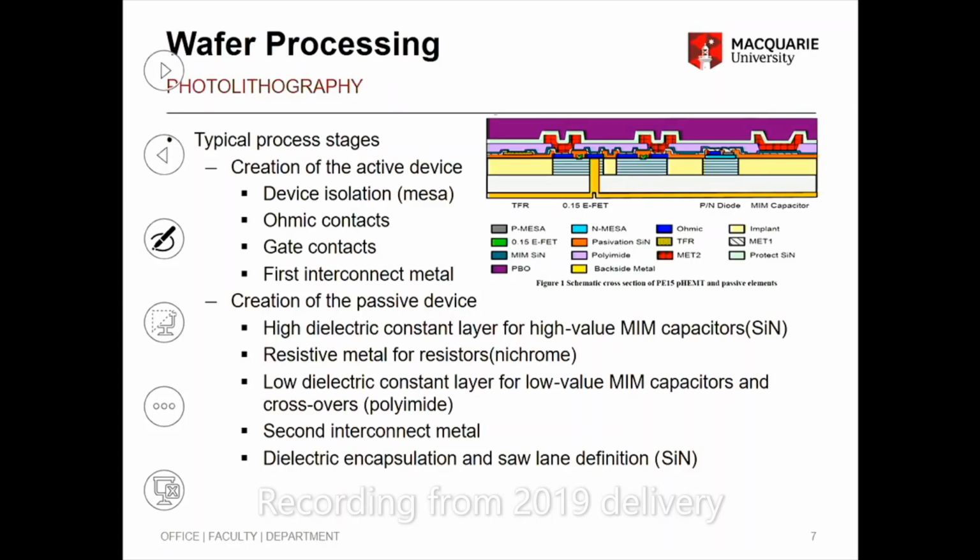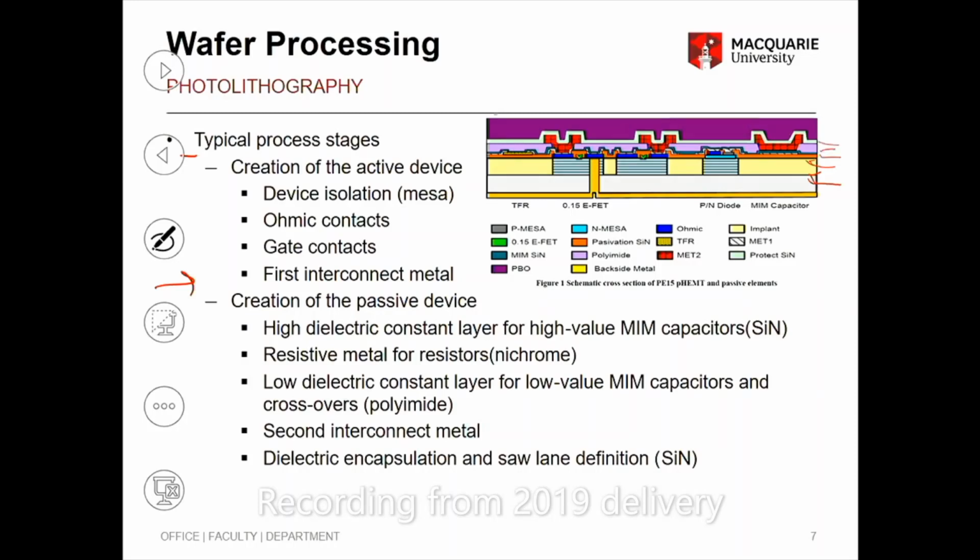So in photolithography, you can actually make either active devices or passive devices. You build up from the bottom to top. So this is the substrate, and you build up your metals layer by layer here.